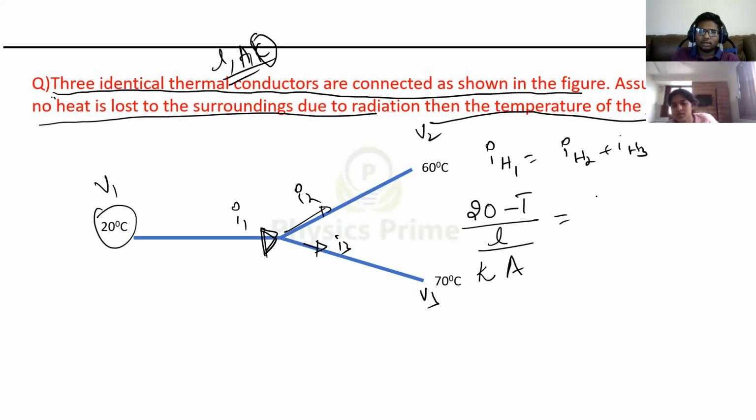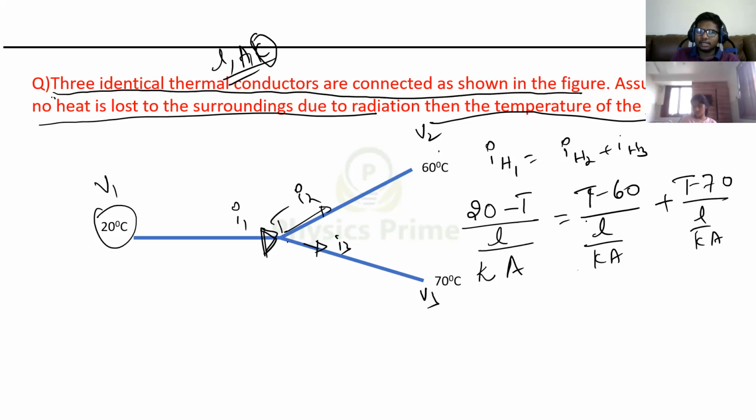That is equal to T minus 60 divided by L upon KA, because the same length is given, the same area of cross section is given, the same K is given, plus T minus 70 divided by L upon KA. So L upon K here is getting cancelled. Sometimes they don't get cancelled and we have to simplify. Okay. It's an easy question here.